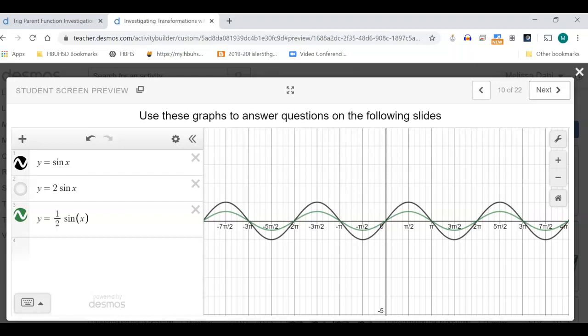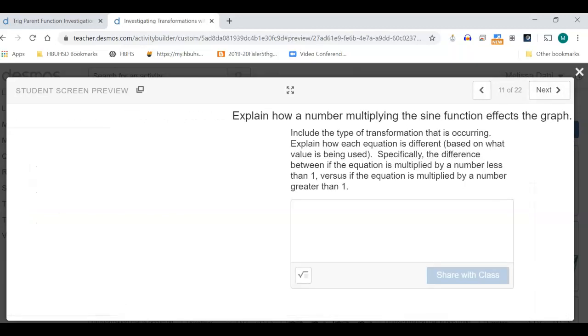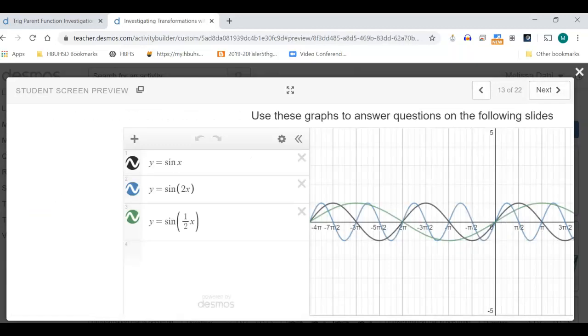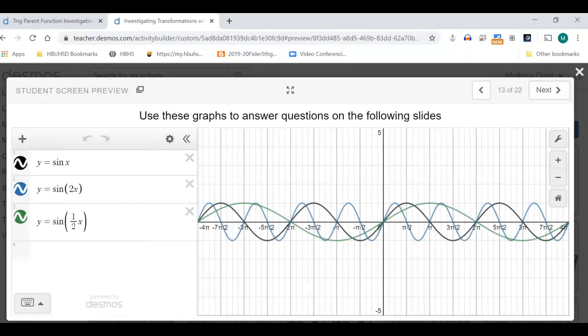I also want to look at the period, and hopefully you saw what changed the period, and that was the b value. So again, the black graph that you see here is the parent sine function. And then notice when you make the b value 2, like in the blue graph here, you're seeing twice as many sine graphs fit onto this picture.